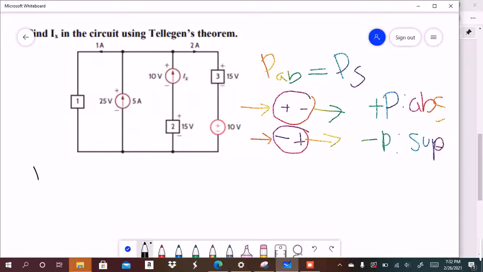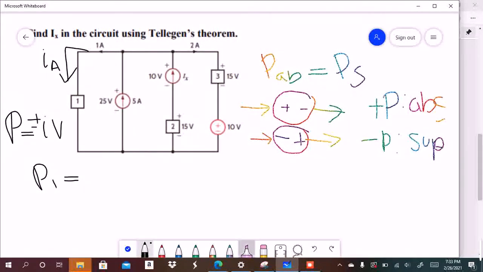So the power through box 1 is equal to, so there's a current of 1 amp, and the power equation is P equals plus or minus the current times the voltage, and the current is coming down.